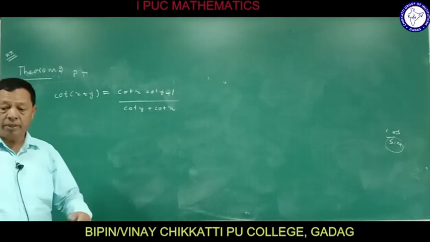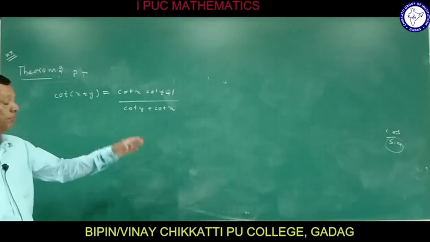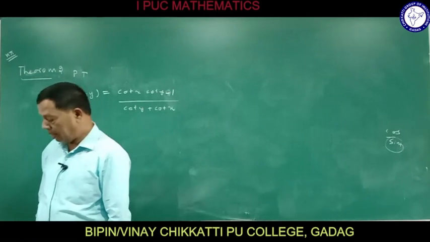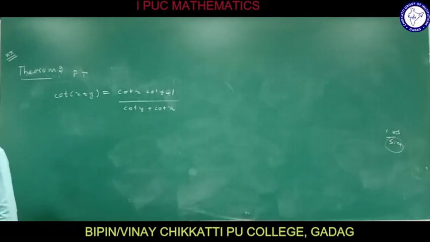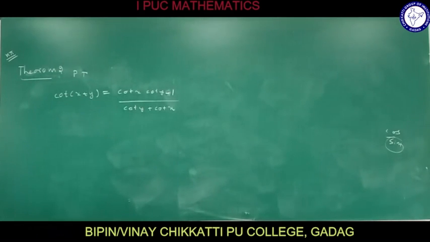That is why only if x is not equal to n pi is this defined. That is why we say none of x, y and x plus y should be a multiple of n pi.